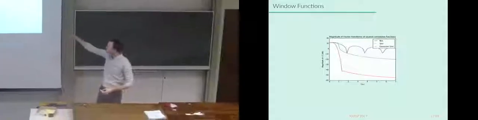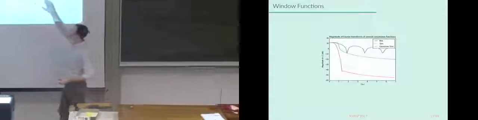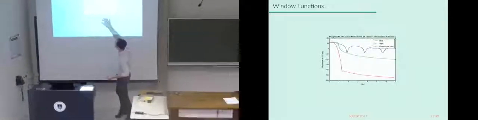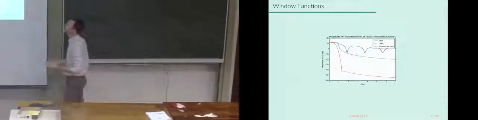Given a boxcar kind of convolutional function, you can see these side lobes in decibels, so log units. But a Gaussian is also a nice solution, with very nice side lobes. The sinc function is computationally very cheap to do, but it still has this low level; it only goes down to about minus 10 dB, whereas the Gaussian function is a really sharp function. It's computationally difficult to compute the Gaussian function.